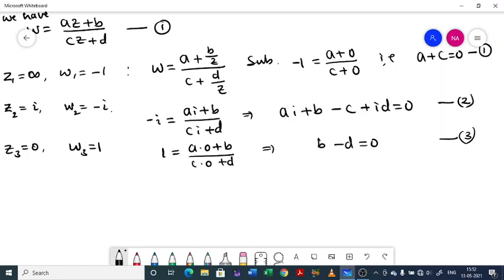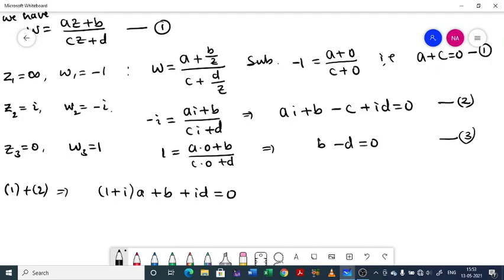So equation 1 plus equation 2 implies, a plus c gets cancelled there. So a plus ai, that is 1 plus i into a, c gets cancelled, plus b plus id equal to 0.